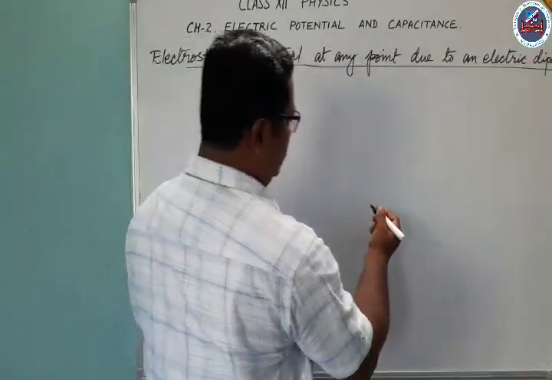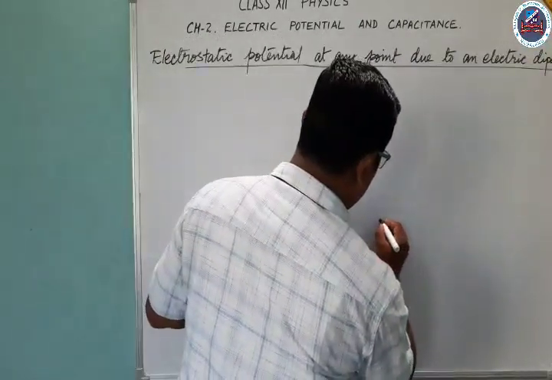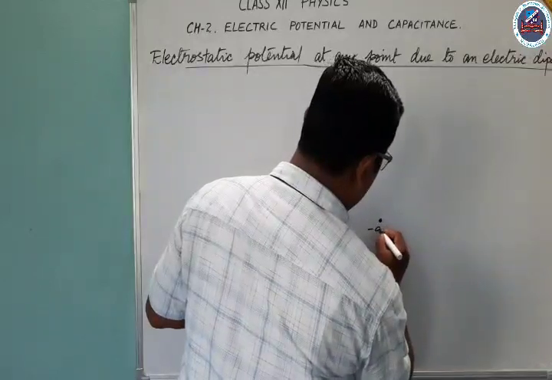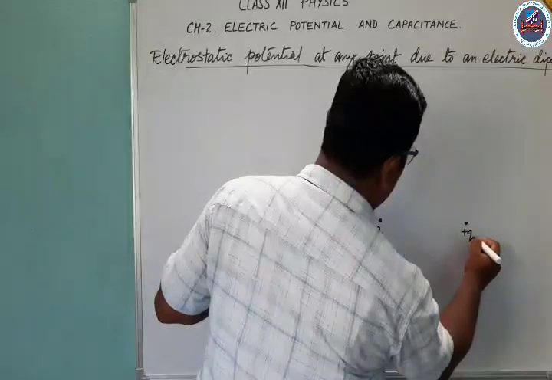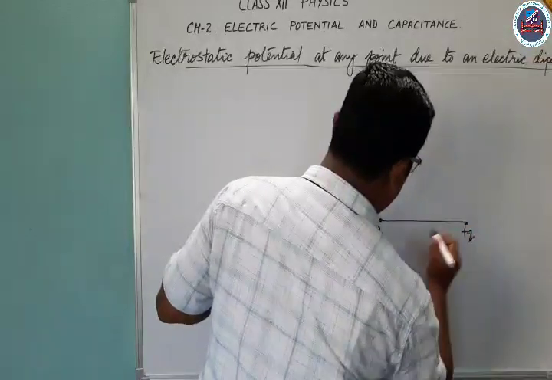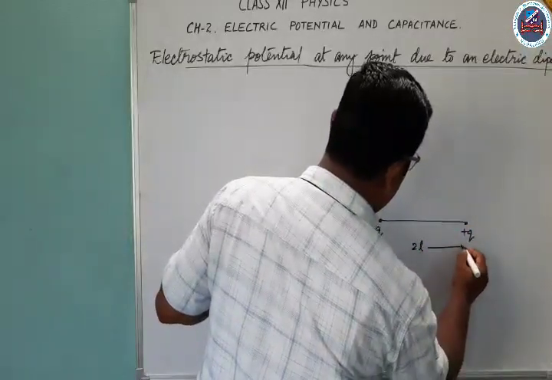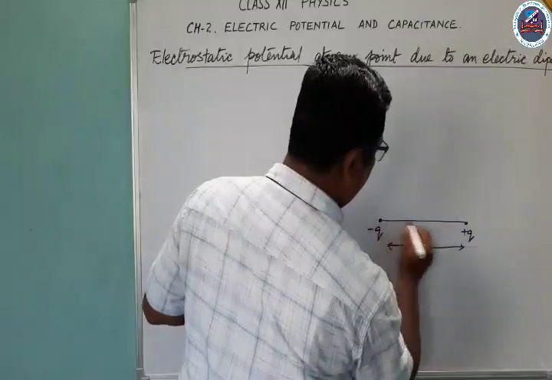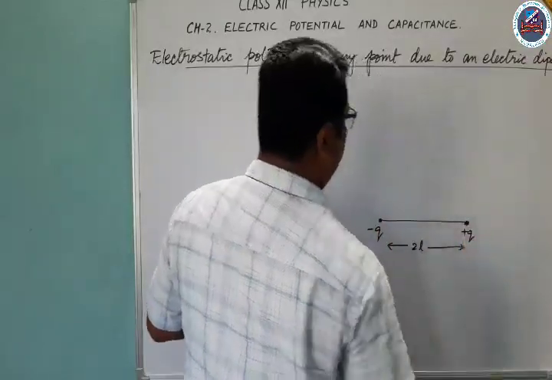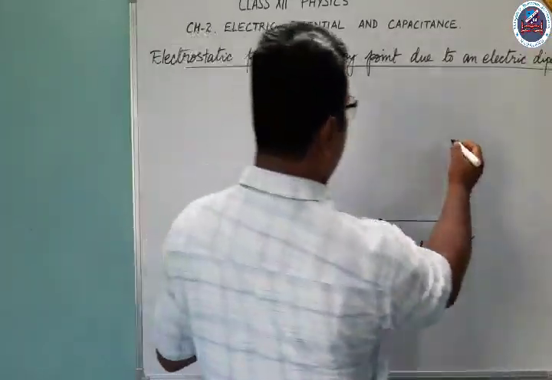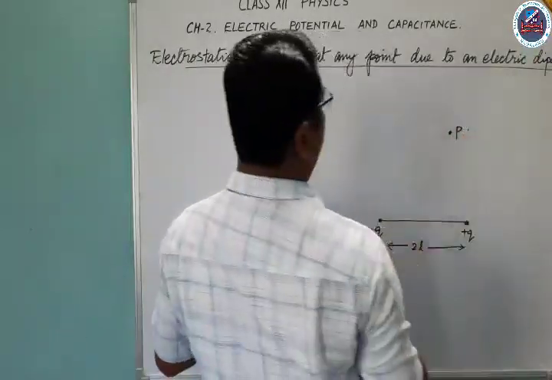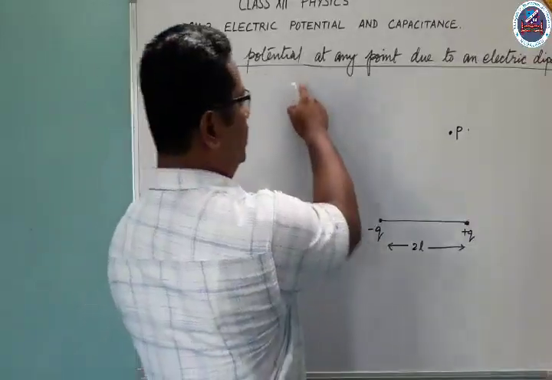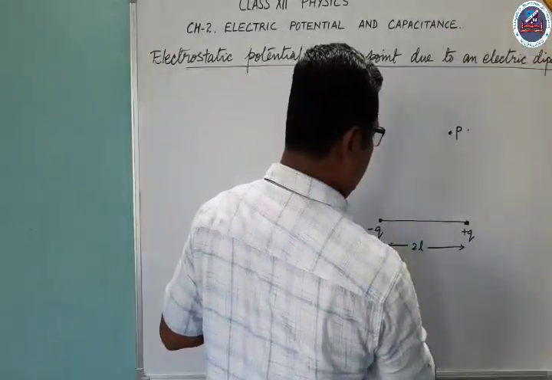Let me take one dipole. Suppose this is minus Q and this is plus Q, separated by a distance 2L from each other. Let us take any point, say here, let me take it as P. I want to find the electrostatic potential at point P due to this dipole.